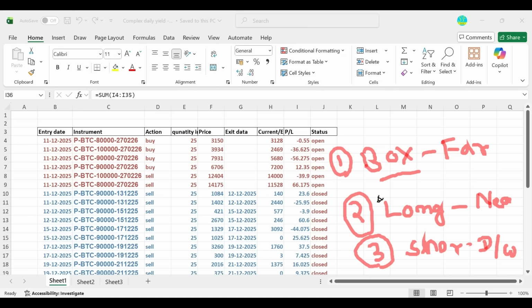These are the three components of this strategy. Why is it called complex? All these strategies are in different expiries: one in the far month, another in the near month, another in the daily expiry. When these three combinations come together, only then is this strategy formed. This is why it is known as the complex daily yield strategy.